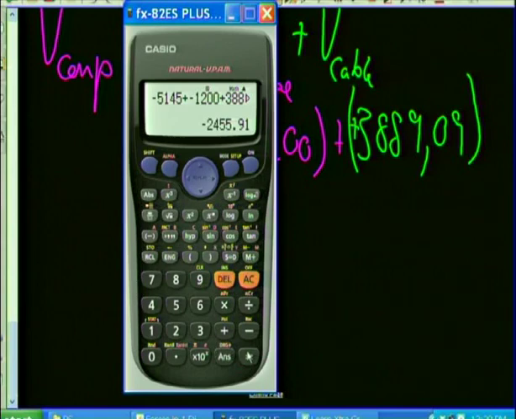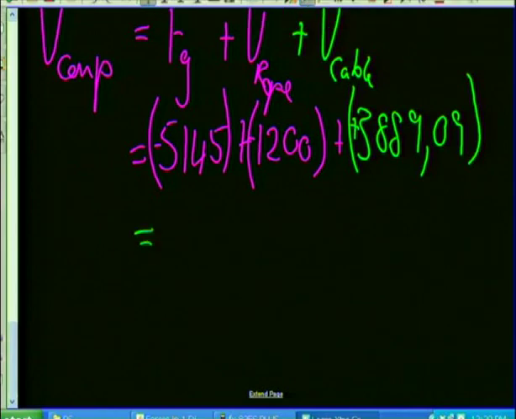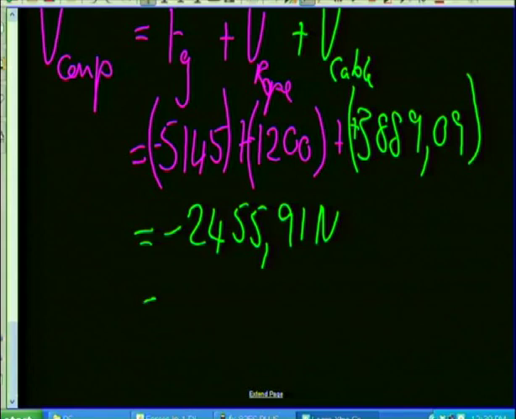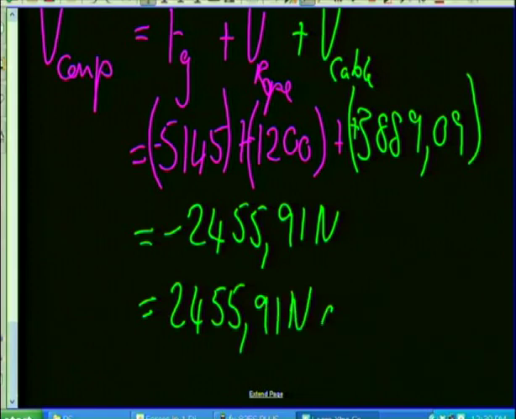And what I get is an answer of minus 2455.91. So I'm going to write that down as my overall vertical, minus 2455.91 newtons. We can remember to say that that is 2455.91 newtons down. So we've got that part sorted.